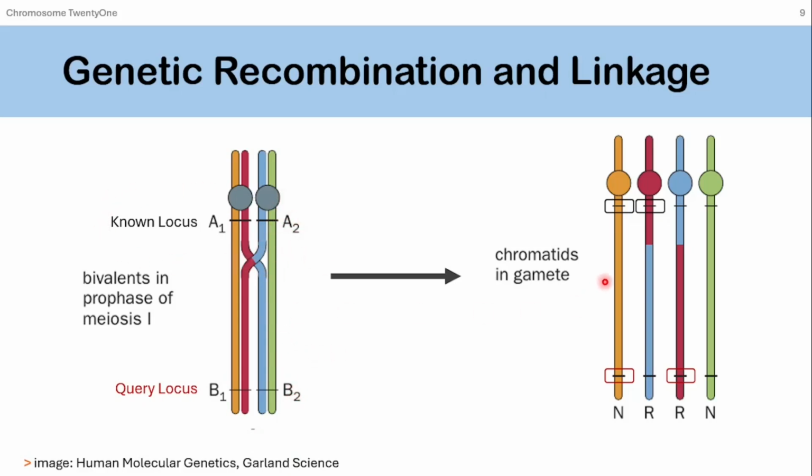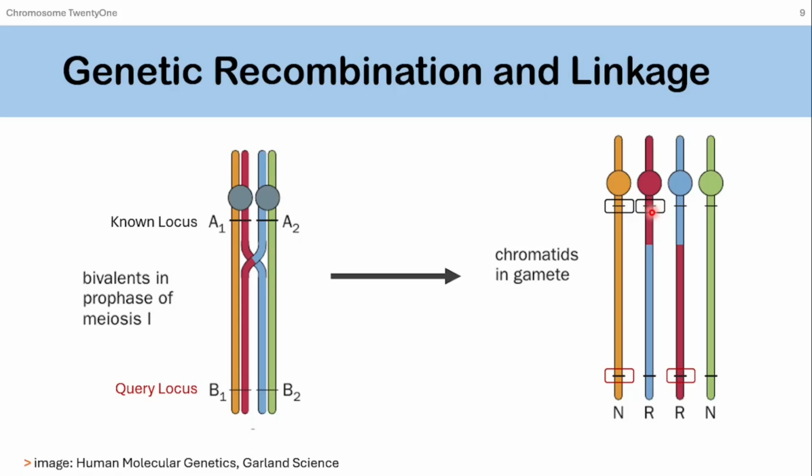And here it is important to mention that when we talk about recombinant and non-recombinant, it is always from the perspective of these two loci. Let's assume that there is another locus present here; with respect to this locus and this locus, it is a non-recombinant because there is no recombination occurring between these two.